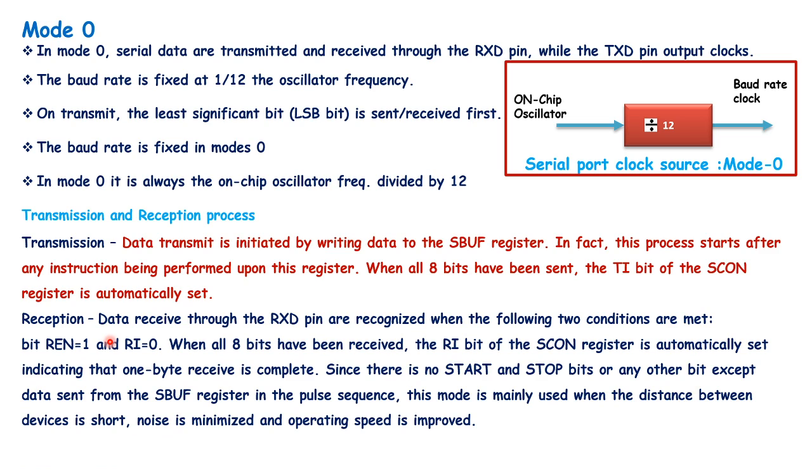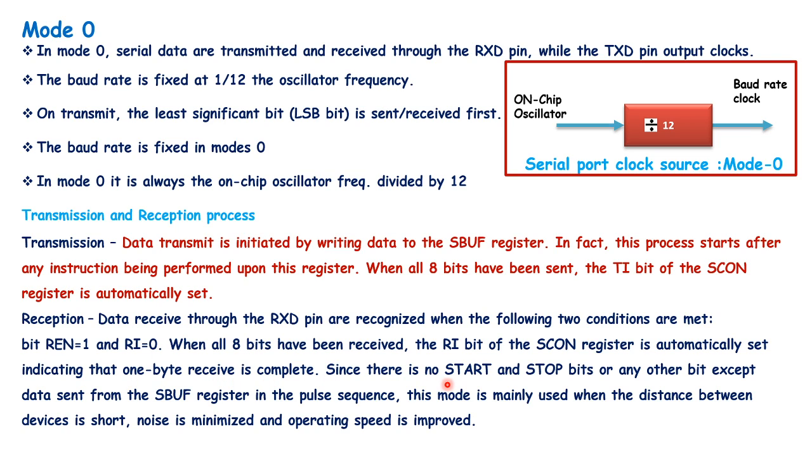Reception takes place like this. Data is received through the RxD pin and recognized when the following two conditions are met: the REN bit, receiver enable, is equal to 1 and the receive interrupt RI is equal to 0. When all 8 bits have been received, the RI bit of the SCON register is automatically set, indicating that 1 byte has been received completely.